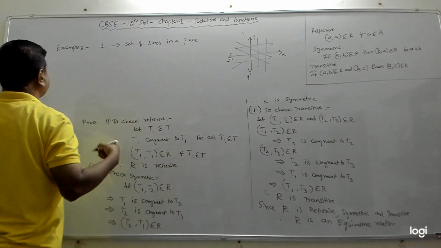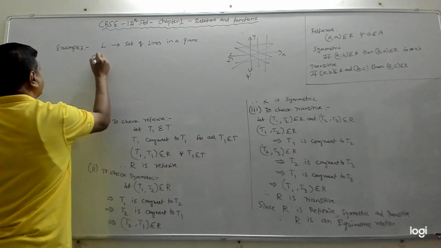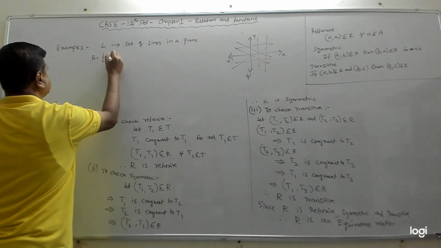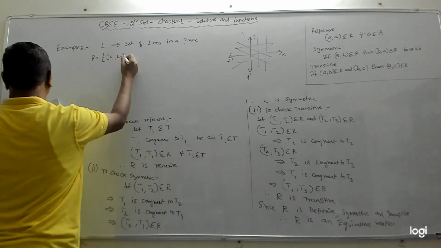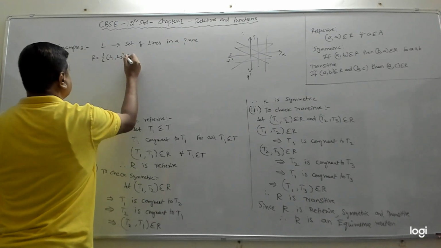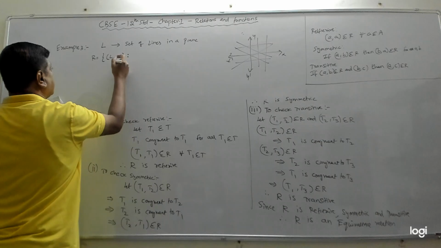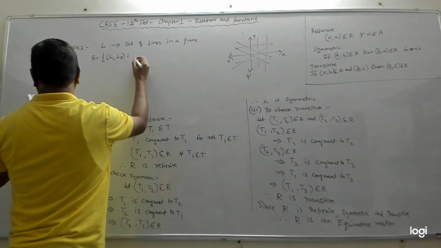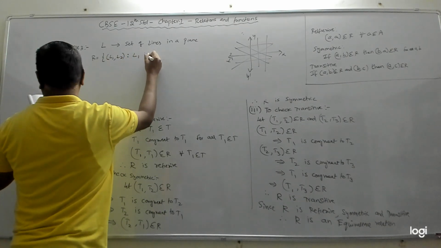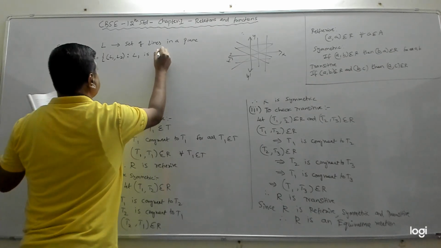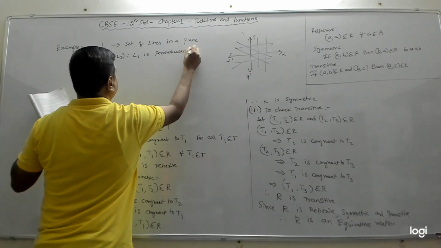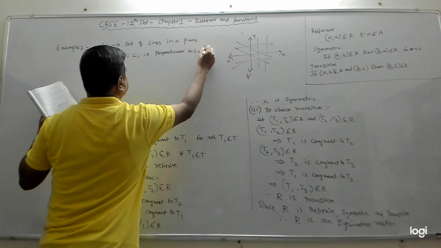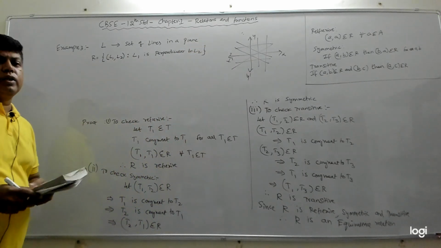Now what is the relation defined on that? The relation R is defined as L1 comma L2, which means line 1 and line 2 are related, if and only if L1 is perpendicular to L2, which means two lines are related if they are perpendicular to each other.